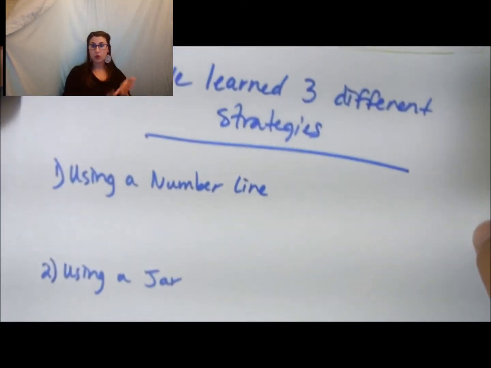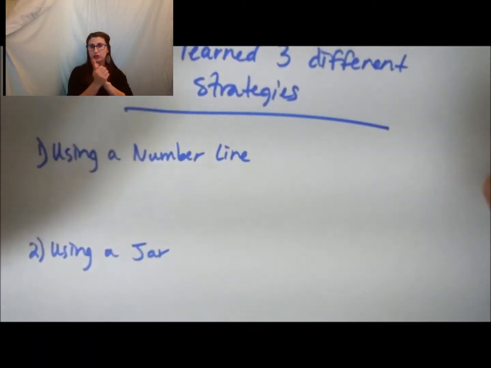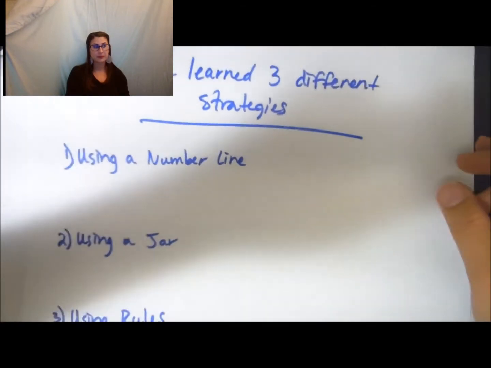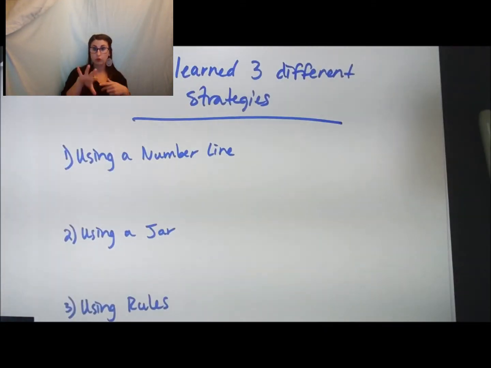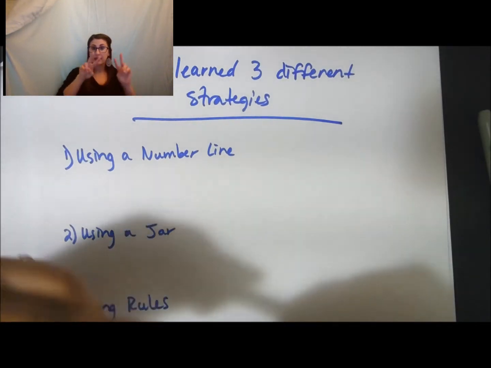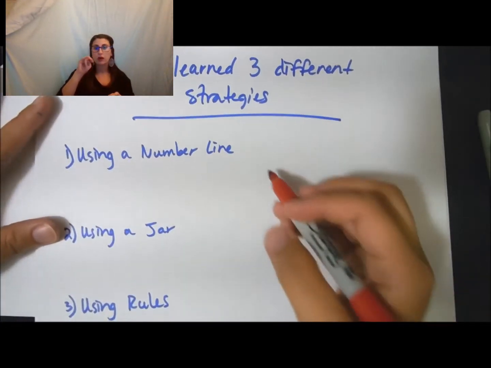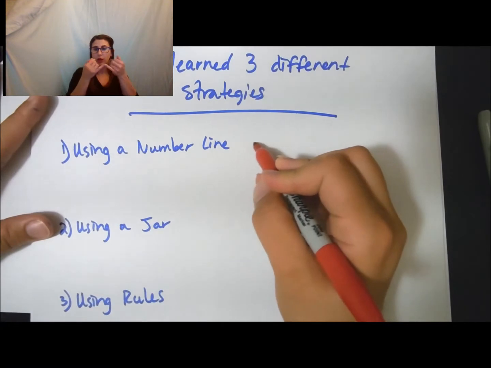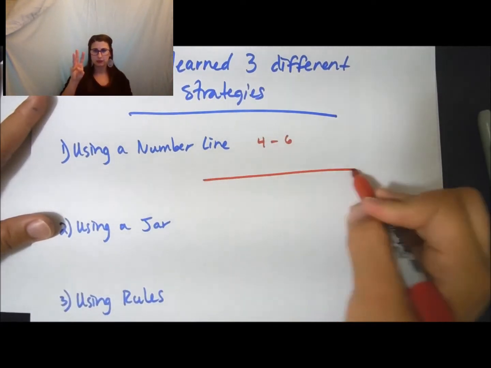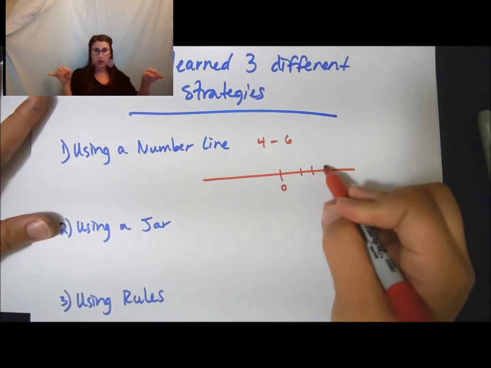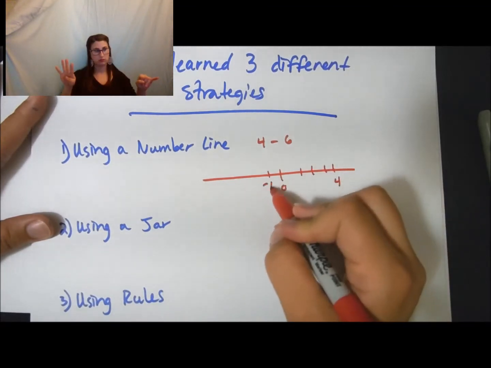So in the past, we learned 3 different strategies. We learned how to find the value of an integer problem using a number line. For example, if it was like 4 minus 6, we had a number line.